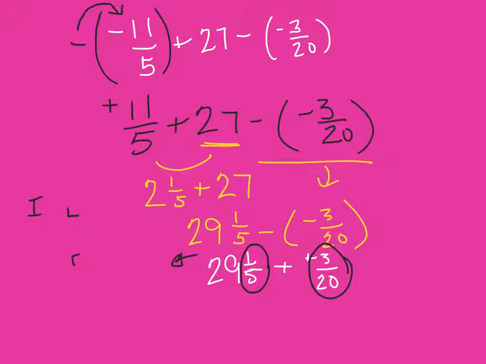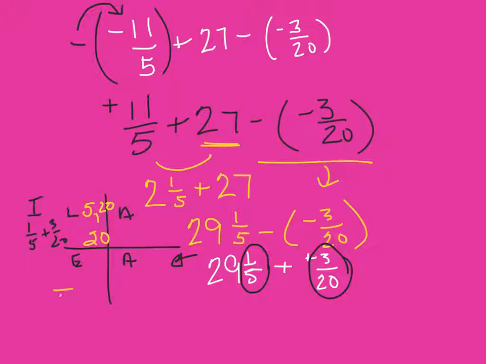I love eating apples and avocados. So my improper fractions, or in this case they're just fractions, 1/5 plus 3/20. So the least common multiple of 5 and 20, of course, is 20.